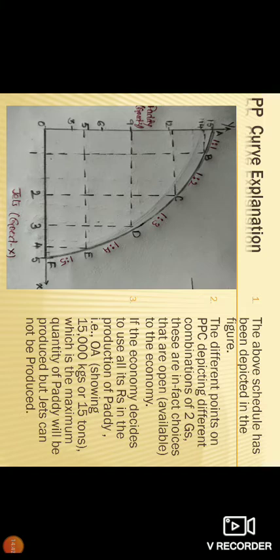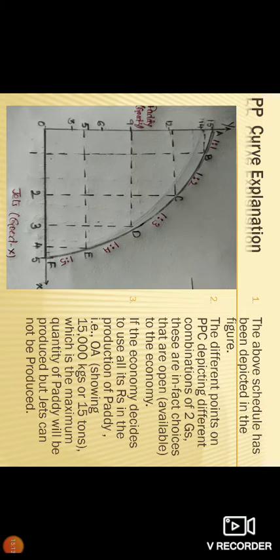OA means 15 tons of paddy is being produced, which is the maximum amount of paddy an economy can produce with limited resources and a given technology. They can't produce much more than that.